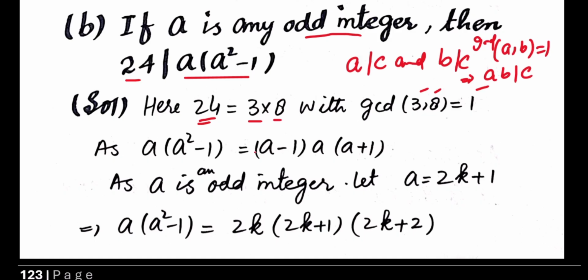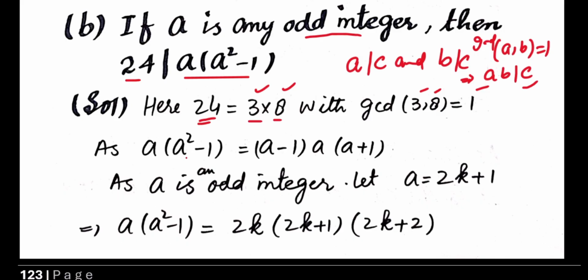So I have to show 24 divides this product. Firstly I will show this product is divisible by 3, then that it is divisible by 8. Finally, by using this corollary I will say this number a into a square minus 1 is divisible by 24.